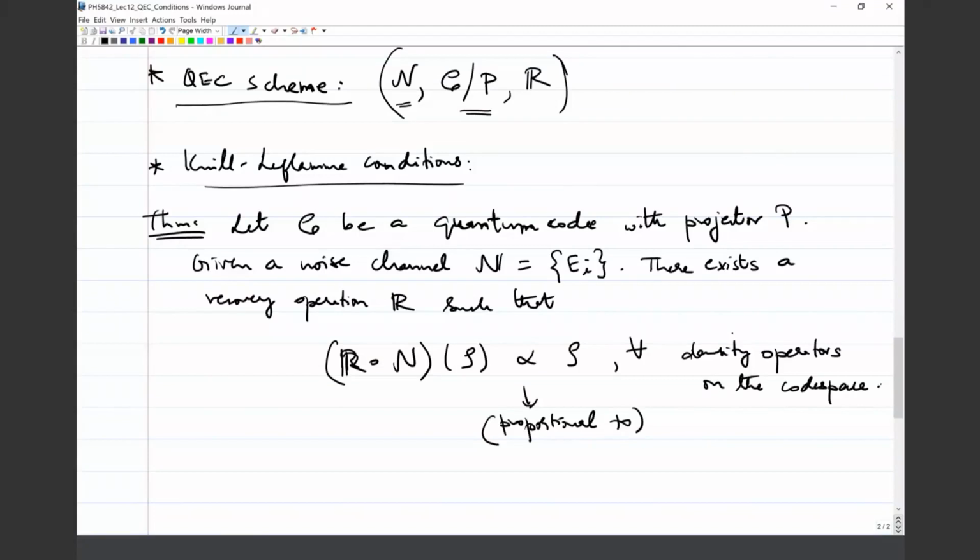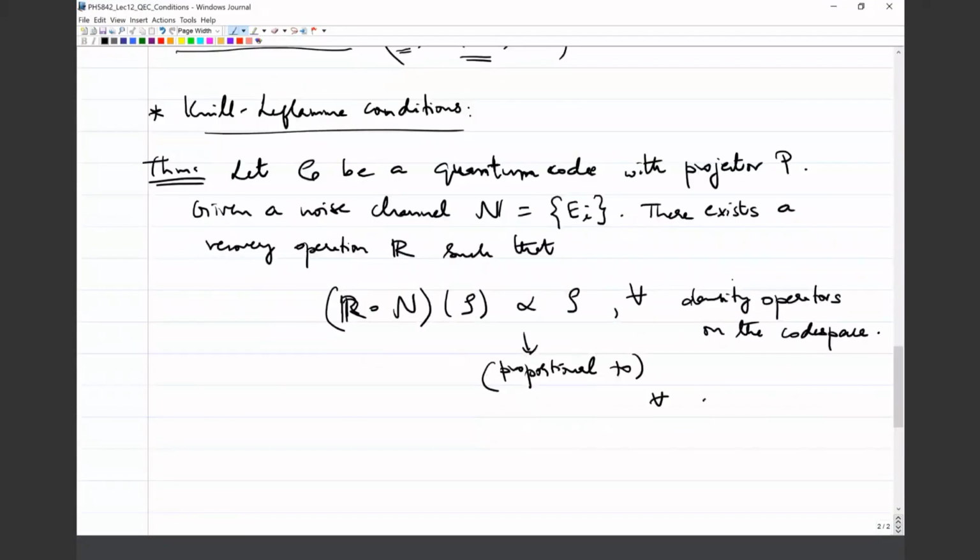What's a formal way of saying density operators on the code space? The formal way of saying this is for all rho such that P rho P equals rho. So the action of the projection on the code space leaves the density operator invariant, right?